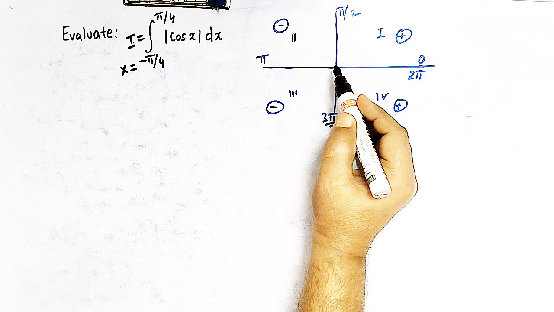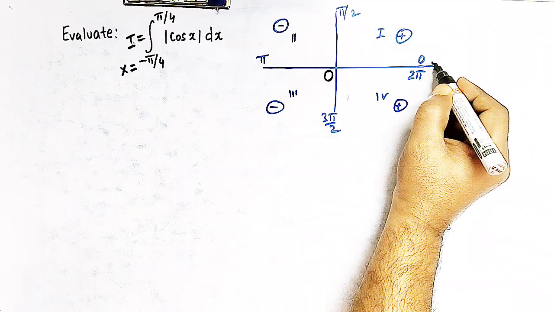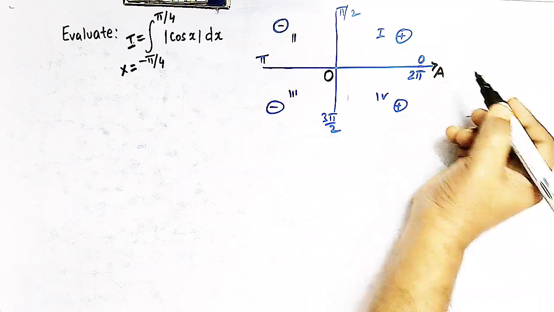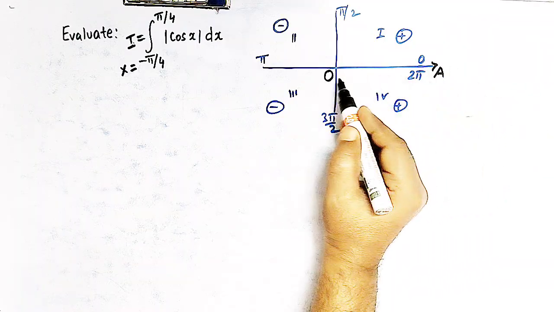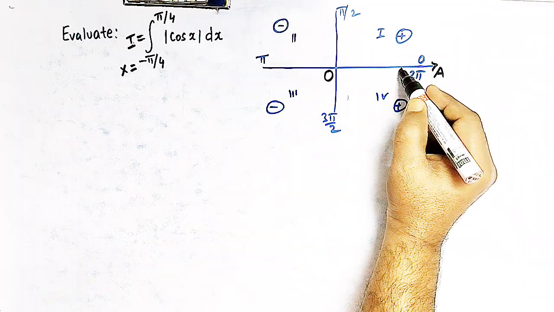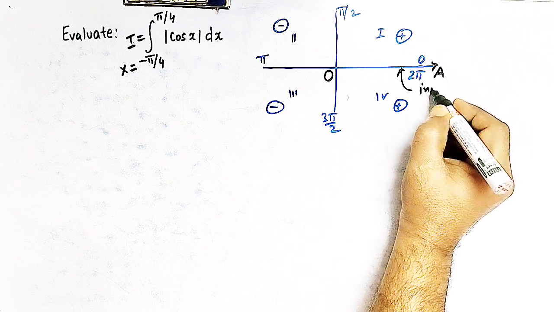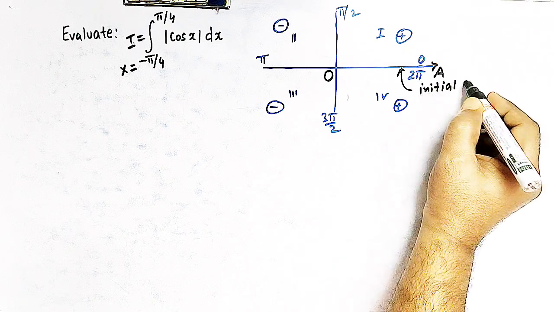right? Now see here we can take say O, and here we can take the point A. So taking these 2 points, that is O and A, let us consider this ray as the initial side, right?